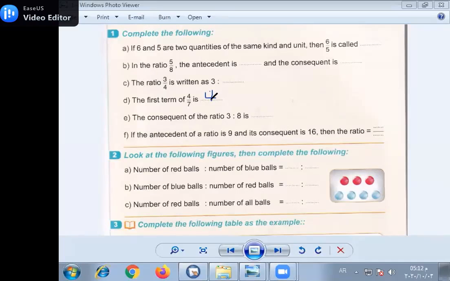The next question: the consequent of the ratio 3 to 8 is... Lana, it's your question. Raise your voice, Lana, please. The consequent of the ratio 3 to 8 is 8. Excellent.